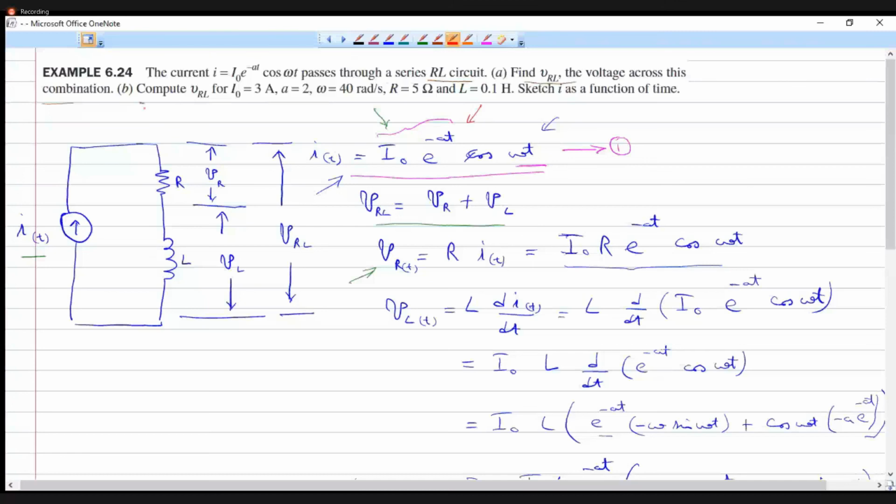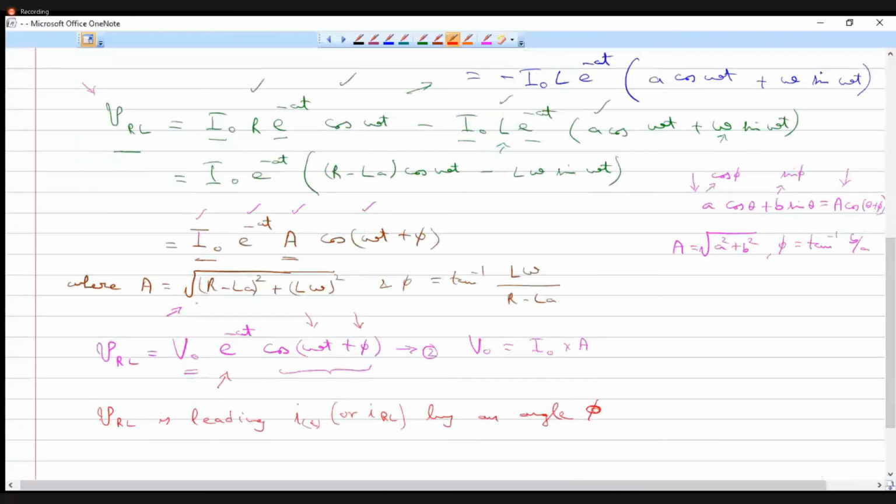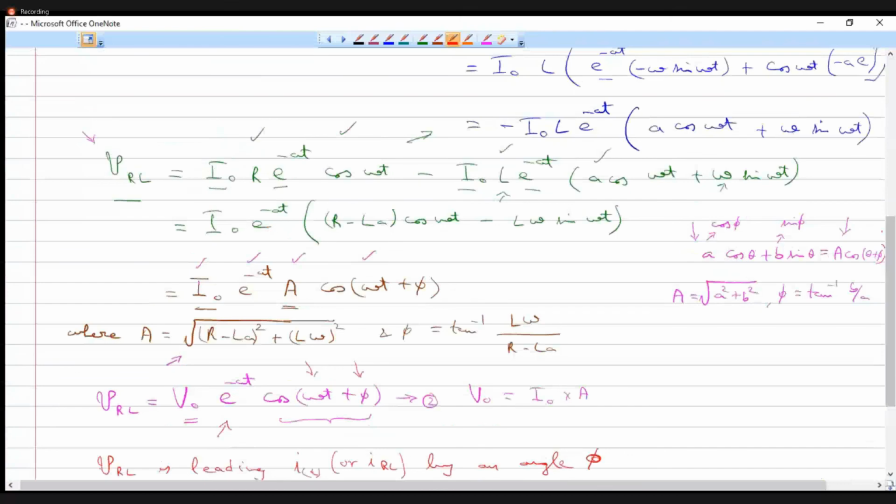The second part of this question tells us to compute VRL for I naught equal to 3 ampere, A equal to 2, and omega equal to 40 radians per second, and R values are also given, and sketch I as a function of time. So once you have this expression, let's substitute all these values for R, L, A, etc. Then you can find out the corresponding numerical value also if required.